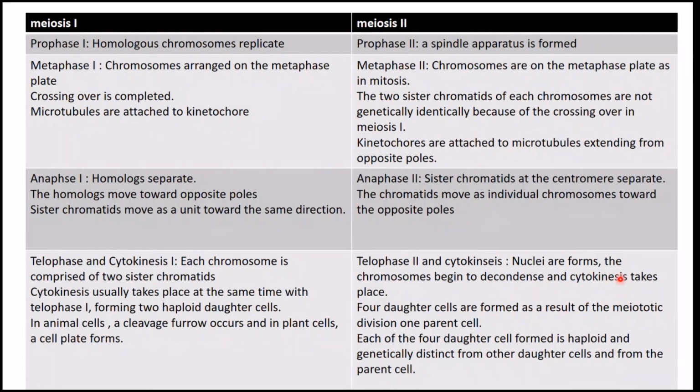Four daughter cells are formed as a result of meiosis of one parent cell. They are haploid and genetically distinct from one another and from the parent cell. So these will be the differences.